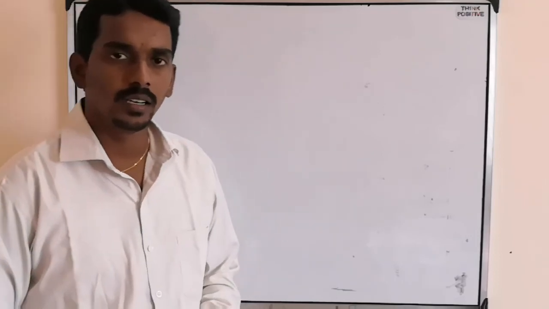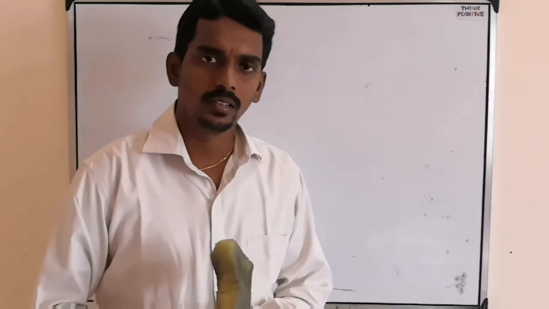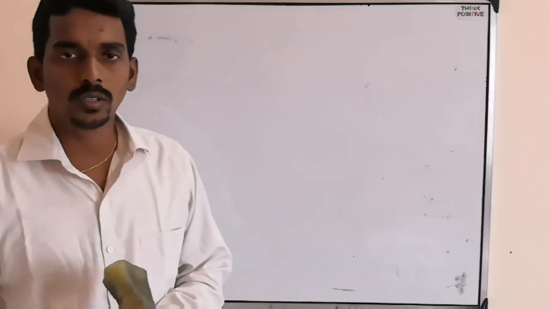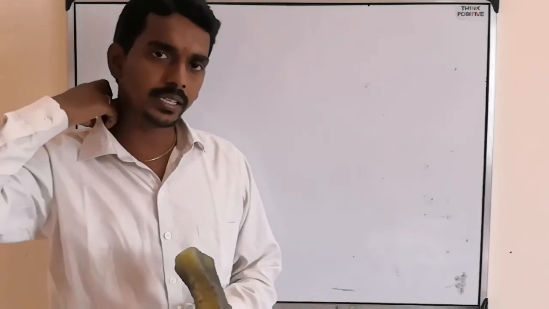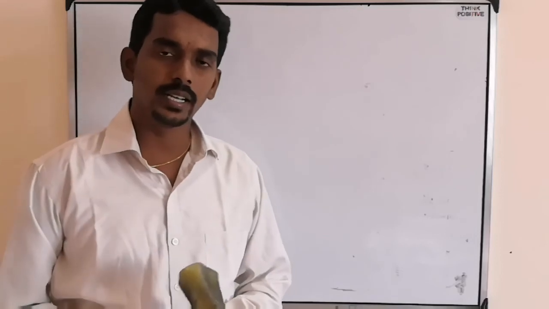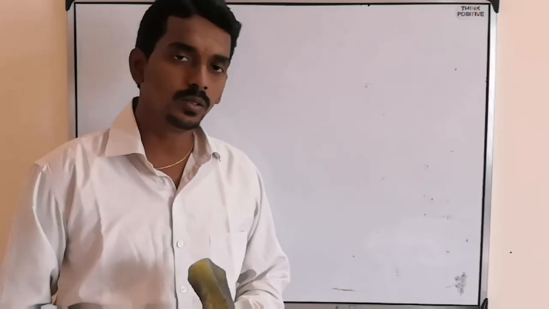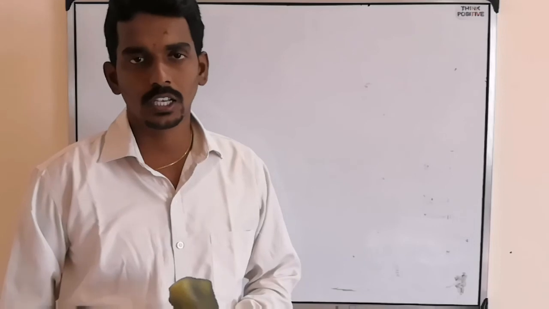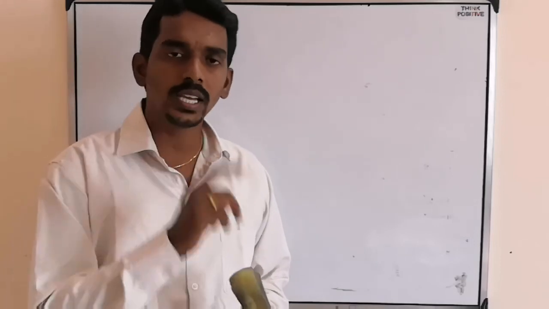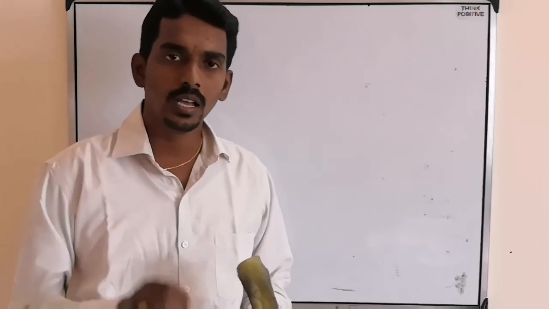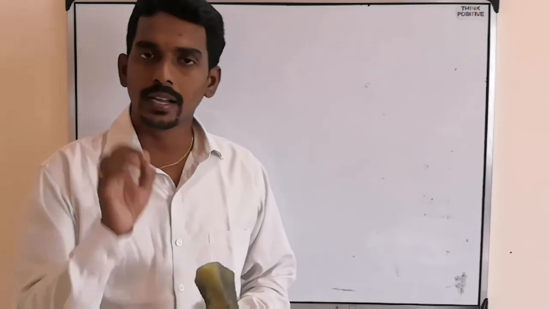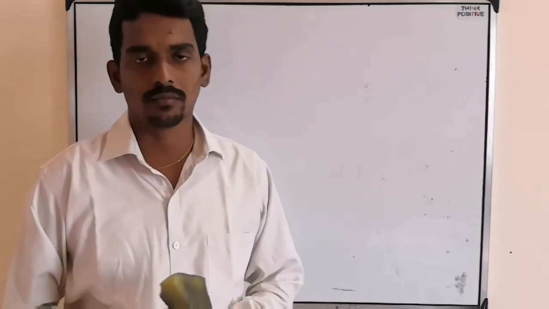As I said at the end of last class, we will discuss today the application of differentiation and integration related to graphs. Especially, there are two things we can find from a graph: the slope of the graph and the area below the graph.